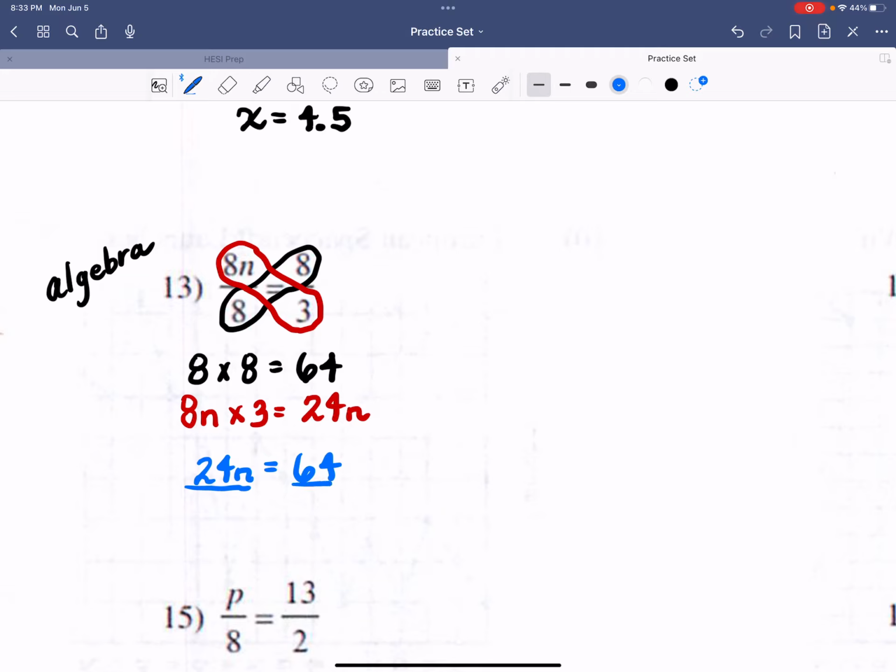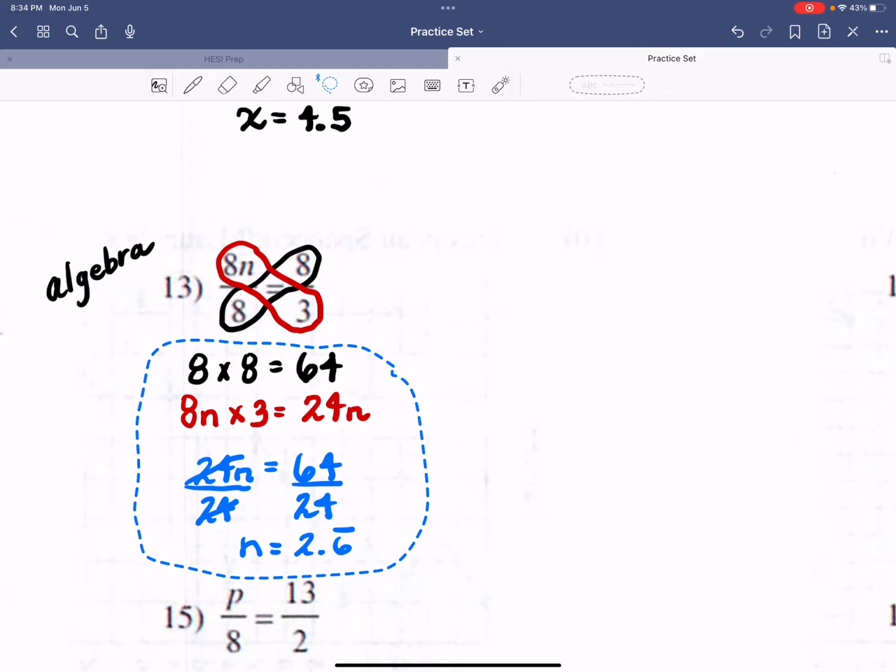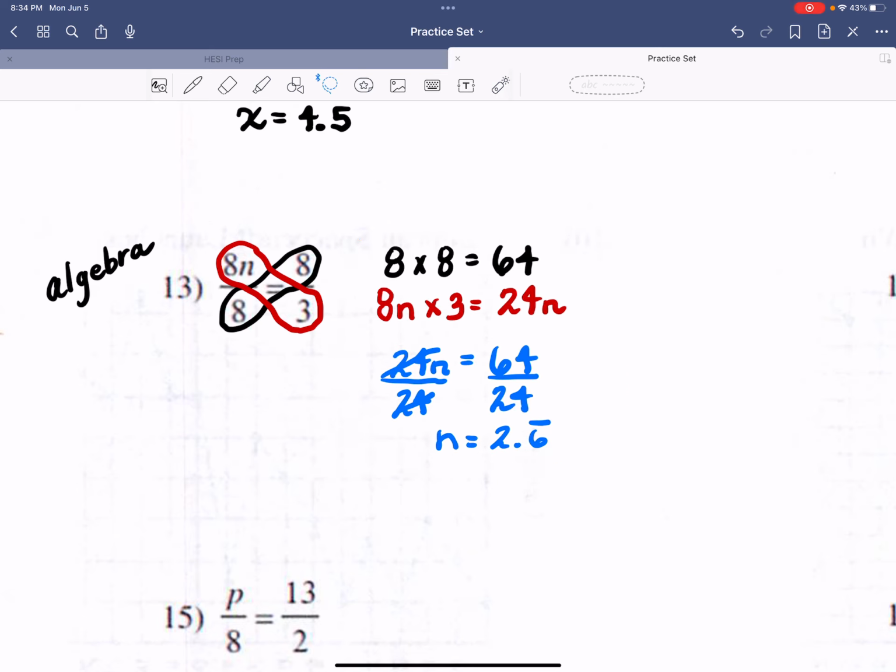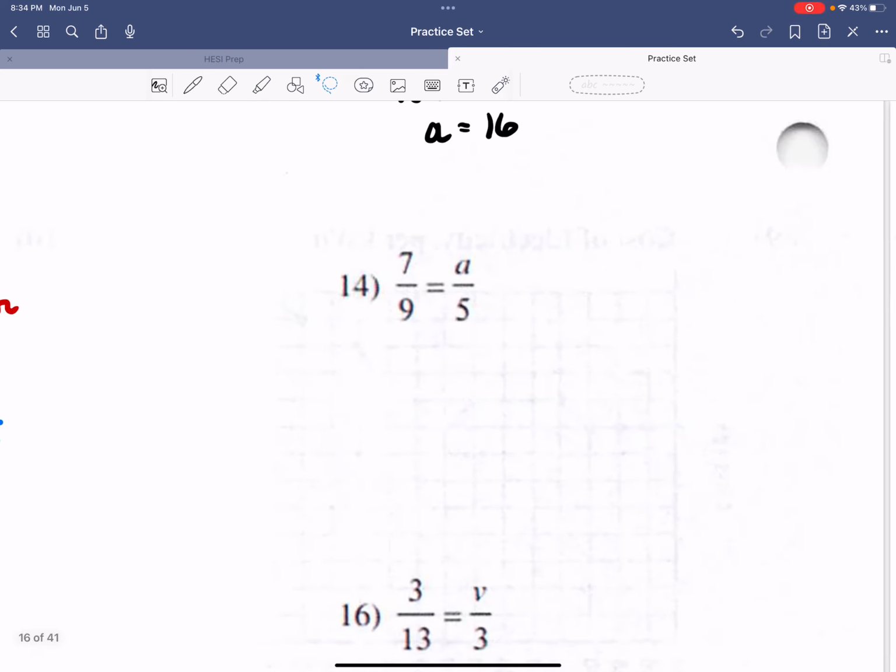And you would end up dividing by the 24. If that doesn't make sense to you right now, ignore it. It will when you have some time with me to do the algebra. Don't let it rattle you. And it's 2.6 repeating. I really think that was a misprint, but I don't like leaving blanks, so we'll go ahead and just say ignore that one until you've had algebra.